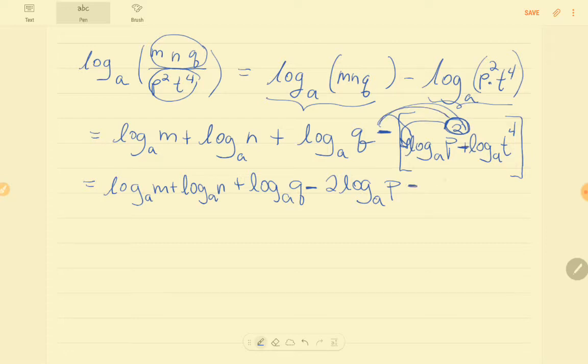So I have negative, and then I also want to move this in front for log base a of t. Alright, so if you could handle that, you're alright.